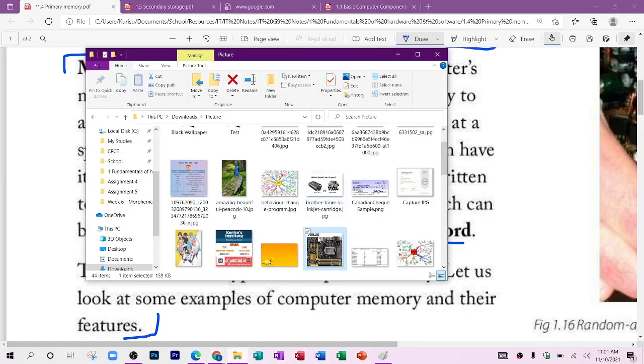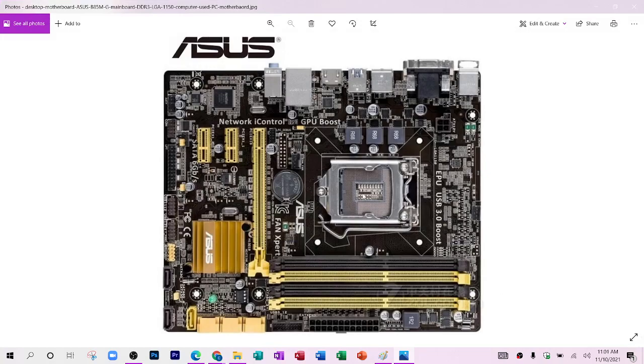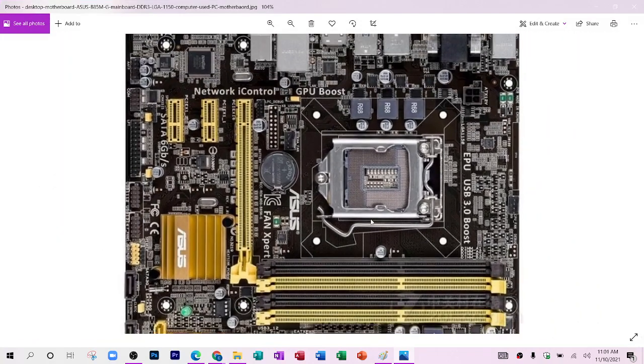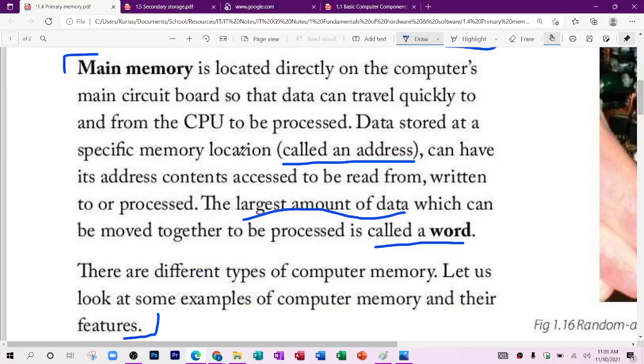So once again, the CPU and the memory are right next to each other so data can go back and forth to be processed quickly. Now, two terms here that you should remember. You have the term address and you have the term word. It's important for you to remember what these two terms are. An address refers to a location of data in memory.